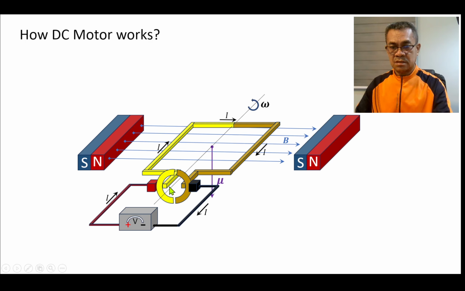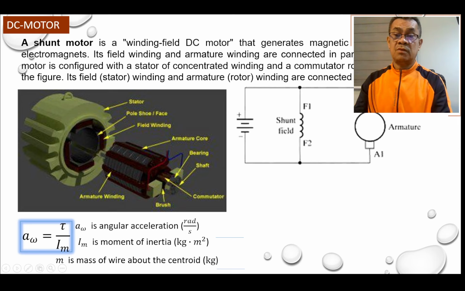So what will you do if you're asked to calculate the angular acceleration? First, you need the torque, and torque is mu cross B. Now, what is I? This is the problem, no? How to calculate the moment of inertia? The unit is kilogram meter squared.